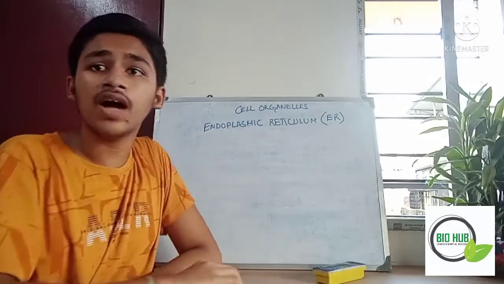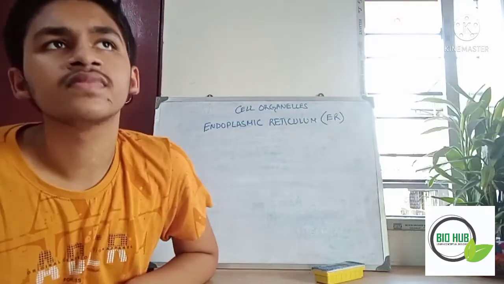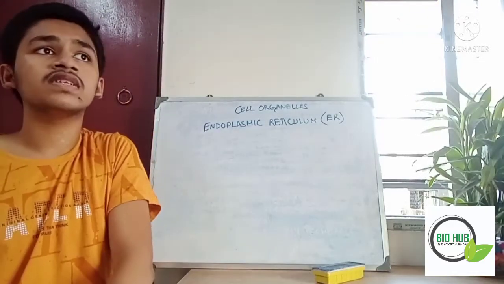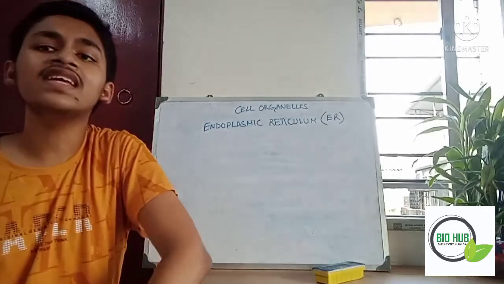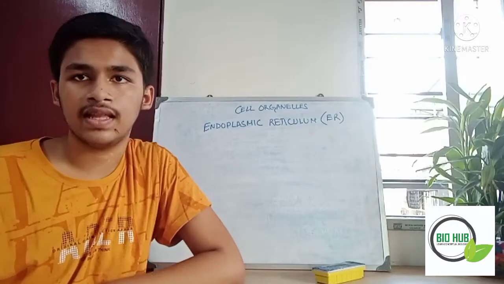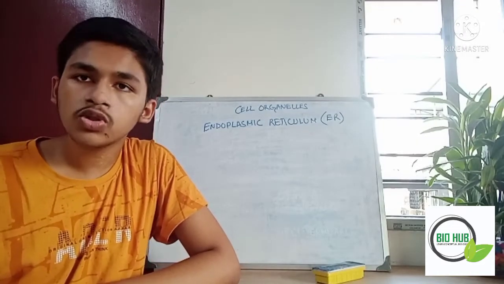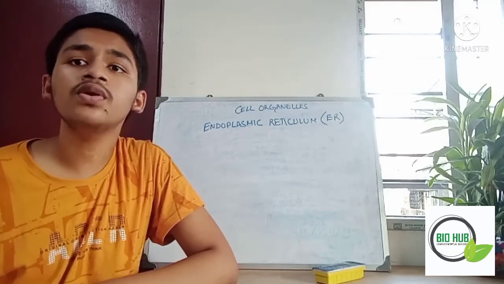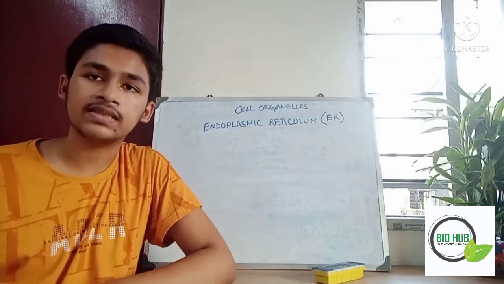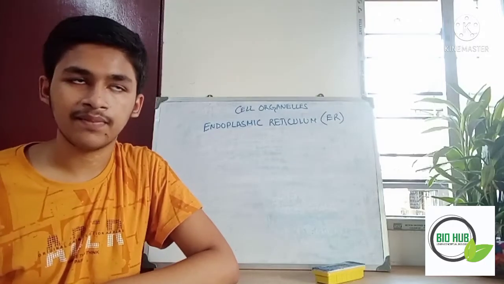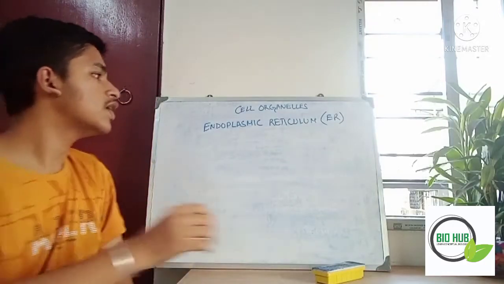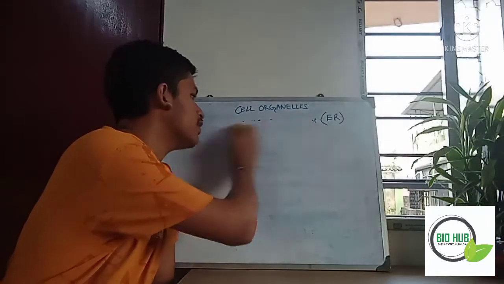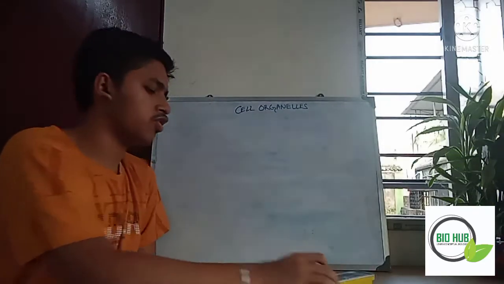Now, what are the functions of the endoplasmic reticulum? It provides internal support to the cell and it also helps as a pathway for transport of different food materials and nutrients in the cell and between cells. Now we will come to the next cell organelle, that is mitochondria.